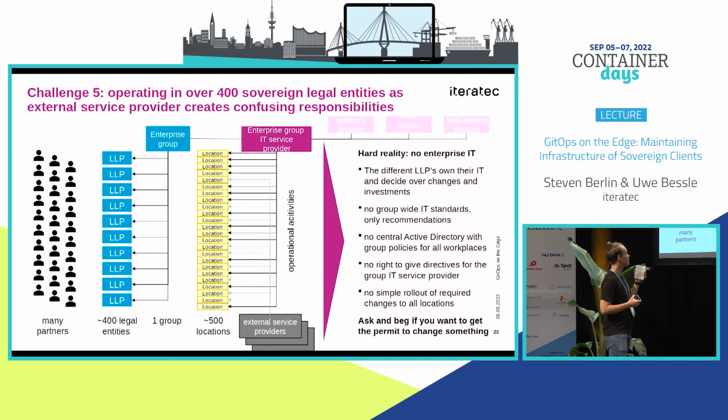All belong to an enterprise group, and this enterprise group is the provider of the software that we write. And there's another entity, which is here called Enterprise Group IT Service Provider, that is operating the individual locations that belong to the legal entities.